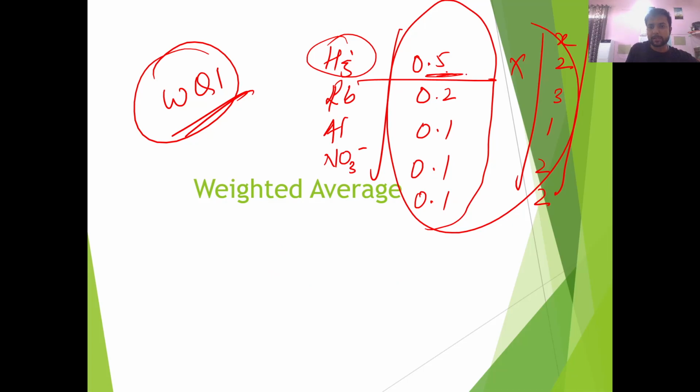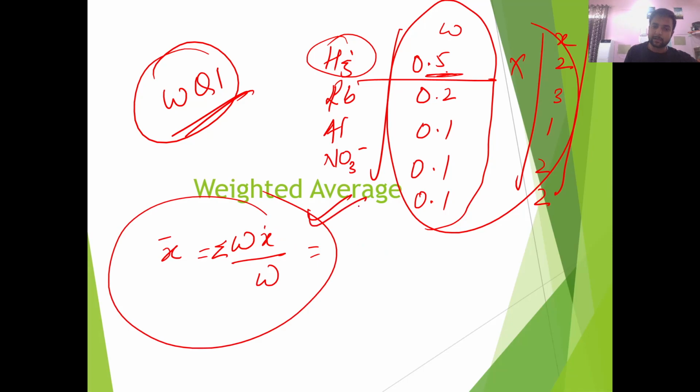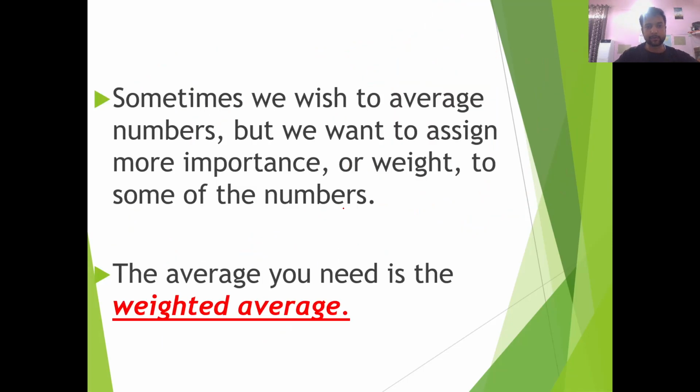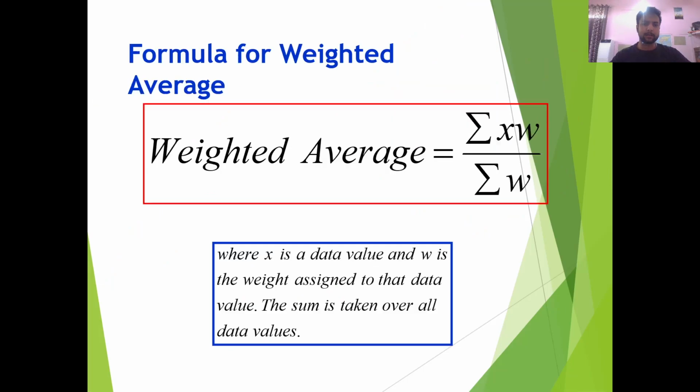First we multiply the weights by the values, so W is multiplied by X. We take the summation of WX, and then divide that by the sum of W, the weights, which equals 1. That's how we find the weighted average. I guess this is clear to you. This is the formula, and that's how you are going to perform all these things.